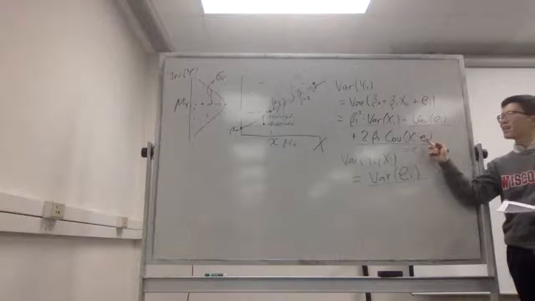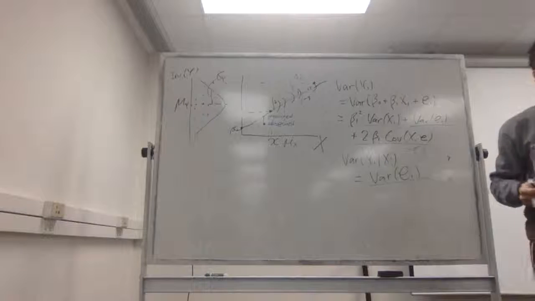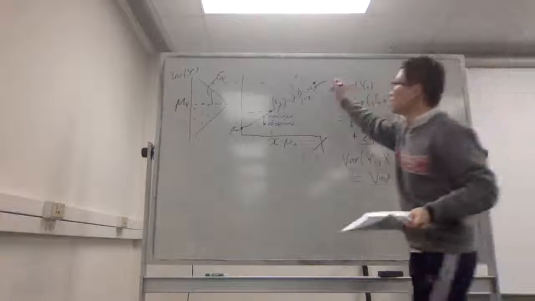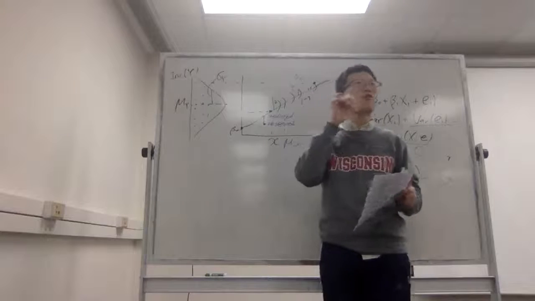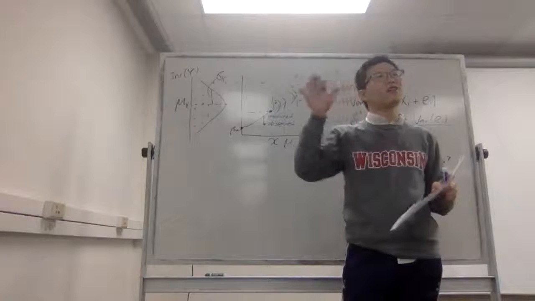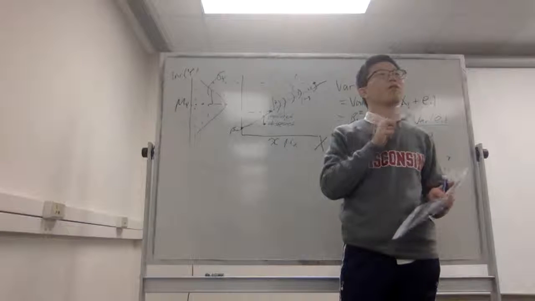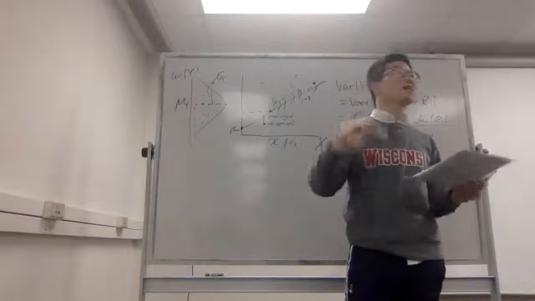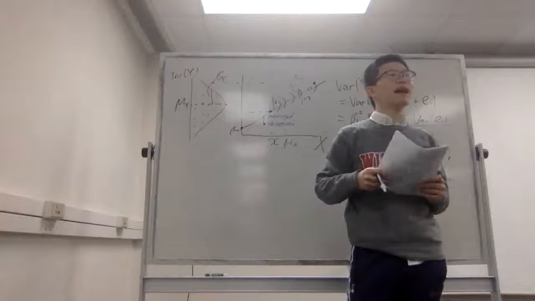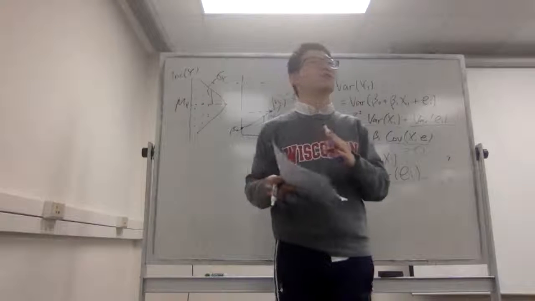Okay. So if you run the regression, and then you calculate all the residuals, and then calculate the correlation between X and the residual variable, it'll always be 0, because linear regression was designed to have the correlation between X and E to be 0.